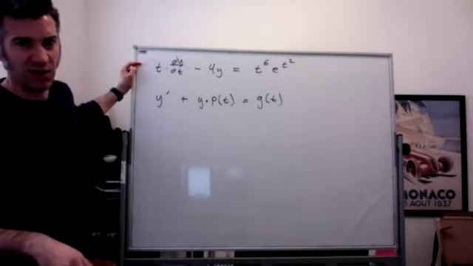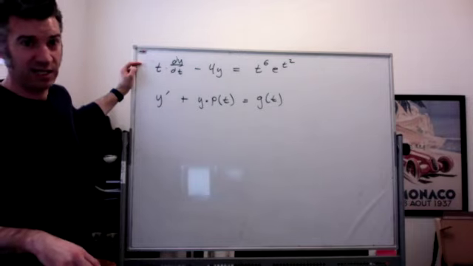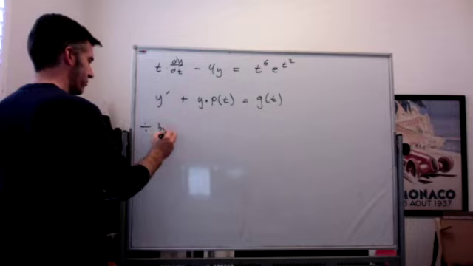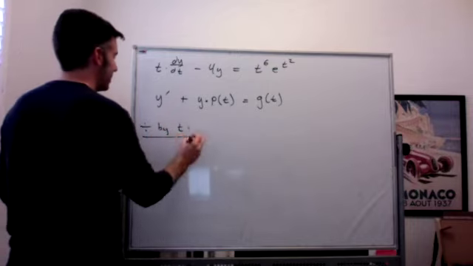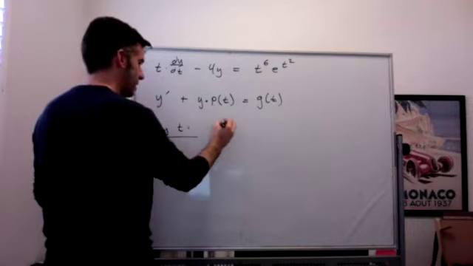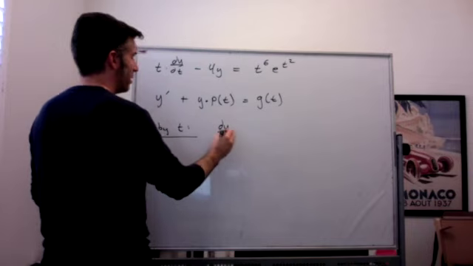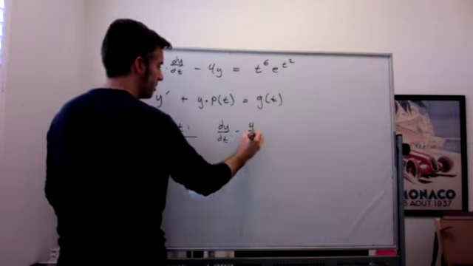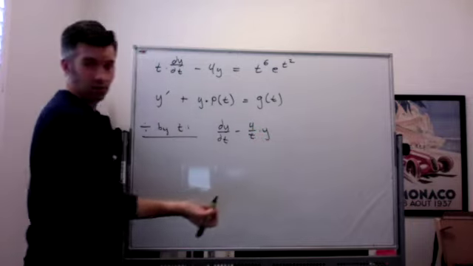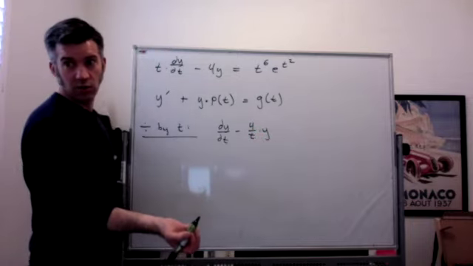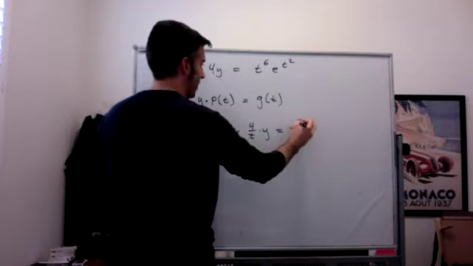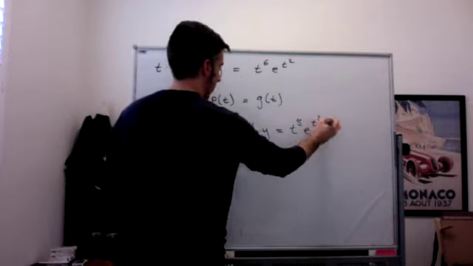I have this t here, which is a problem. So I need to divide everything by t. So divide by t to get dy/dt minus 4 over t times y equal to, divide this by t and you get t to the 5th e to the t squared.